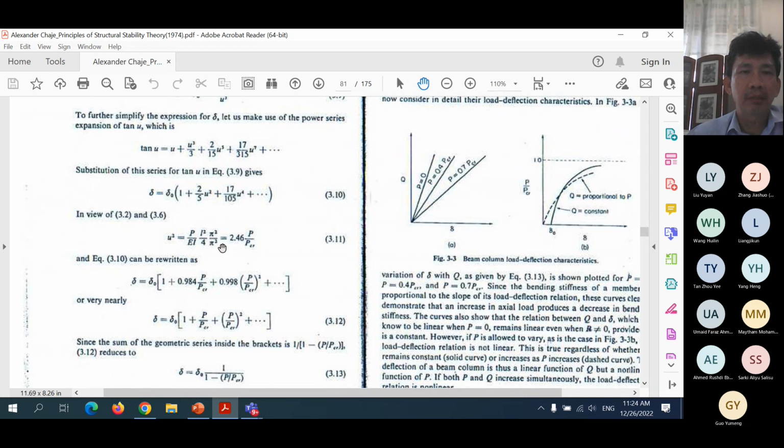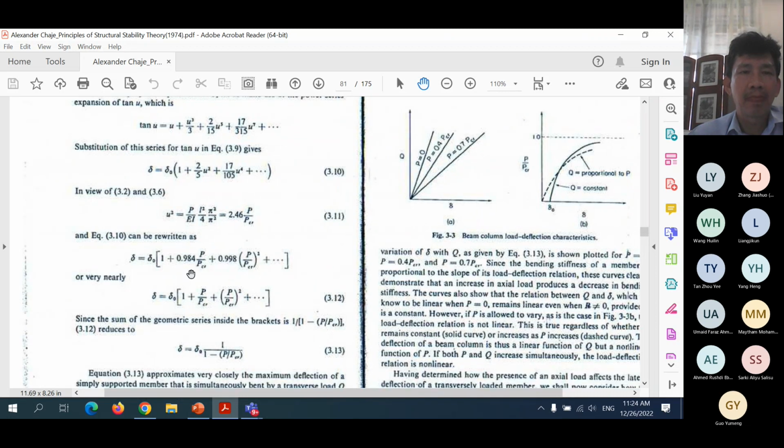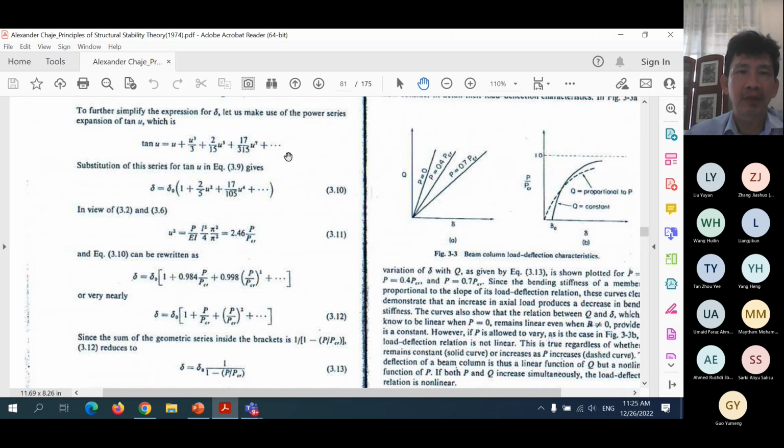So once you make this thing appear, then we substitute into 3.10 here. And this is the outcome. And this is 0.984, 0.998 plus, you can go further. These are all coefficients very close to 1, plus P over P critical to the power of 3 plus again further. So again, this is an infinite series because this comes from here, an infinite series.